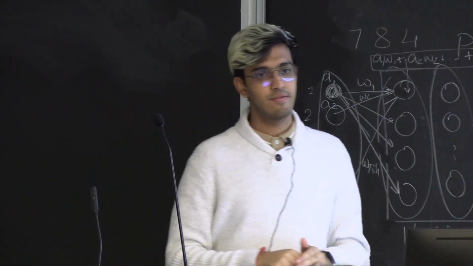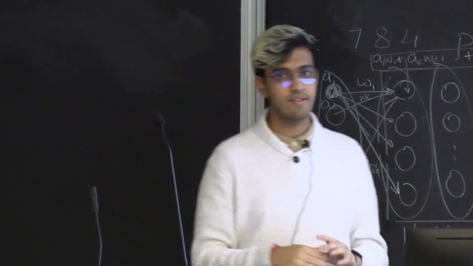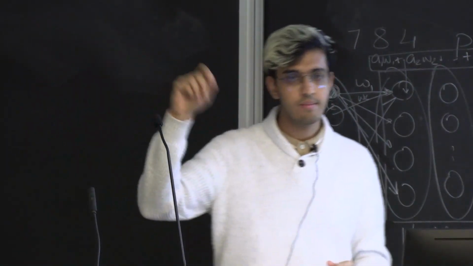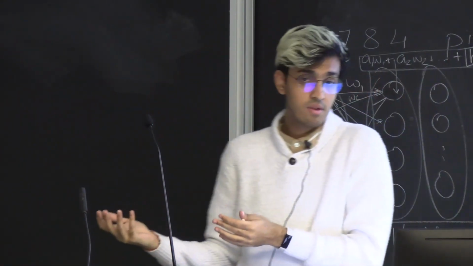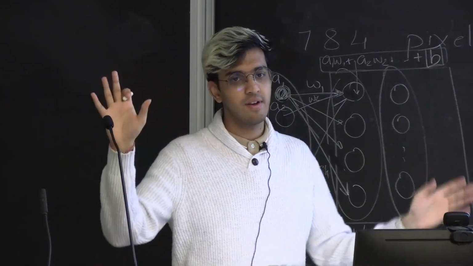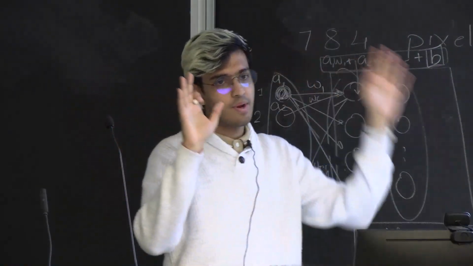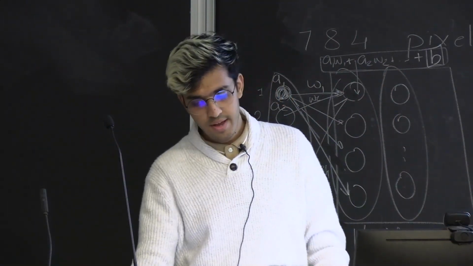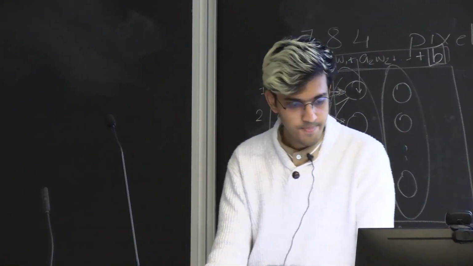What if it figured it out exactly for the training set, but if I give it a new handwritten image, it's not able to figure it out, right? So we have a separate testing step, and we test it on the test data set, but we don't train it on the test data set, and so on.